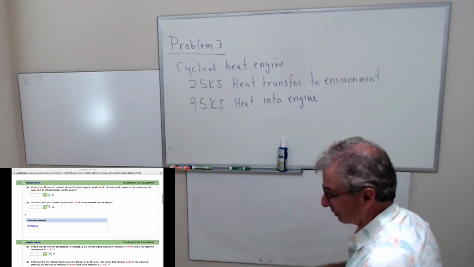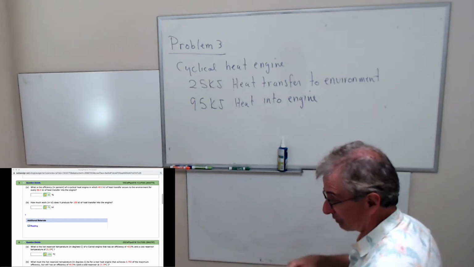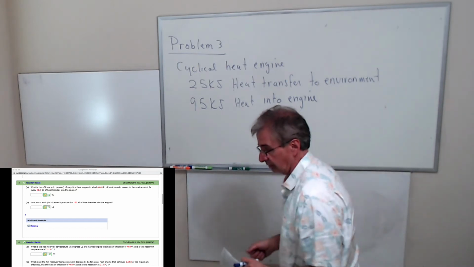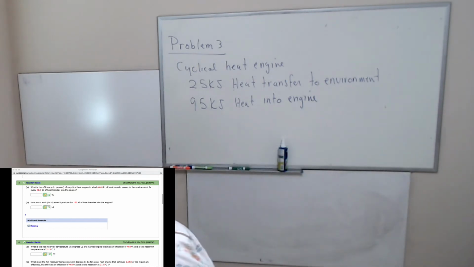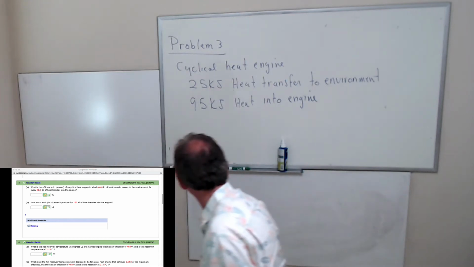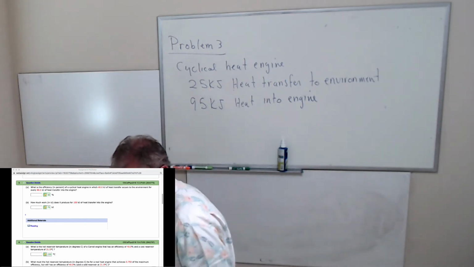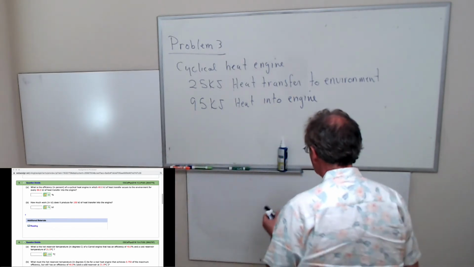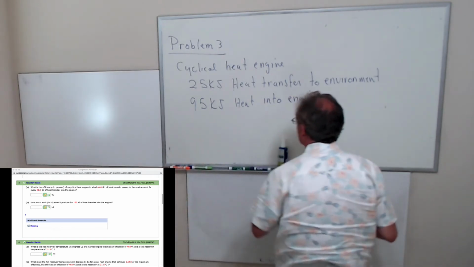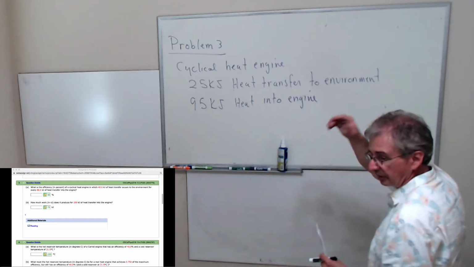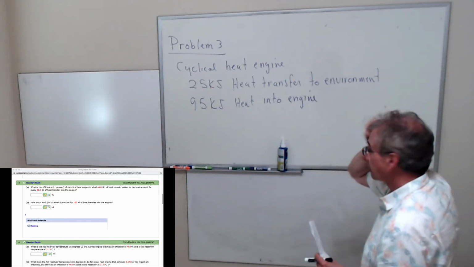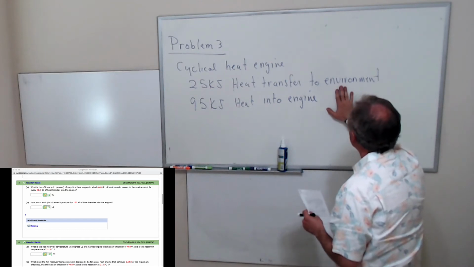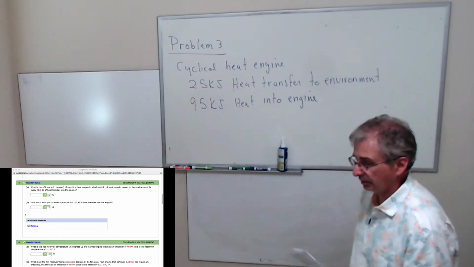So what did the problem give us first? What kind of information have we been given? I'm trying to find a better marker. What information has been given to us in problem 3? In other words, when it says 25 kilojoules of heat transfer to the environment, what does that represent?